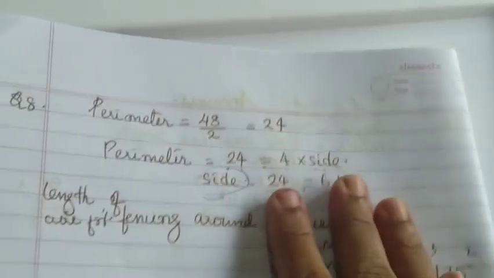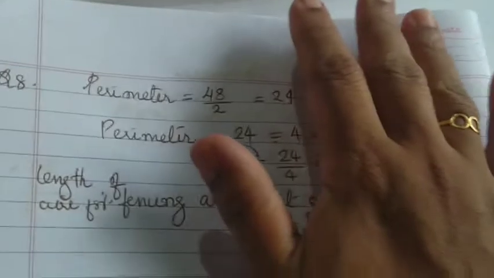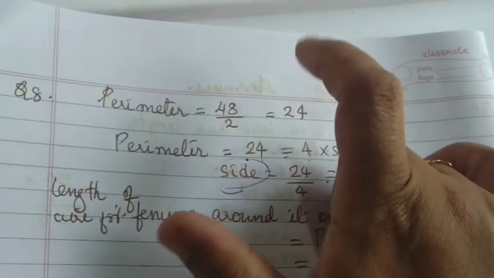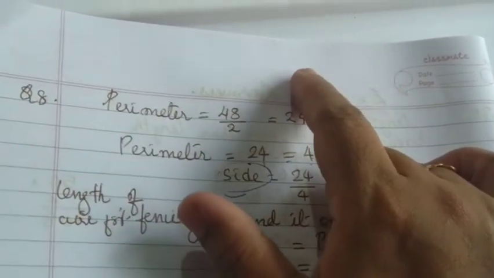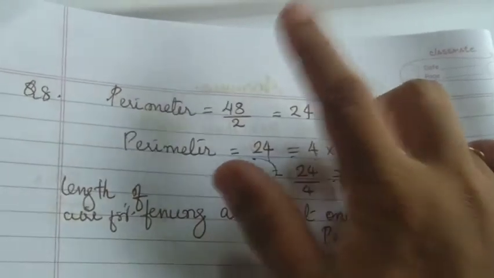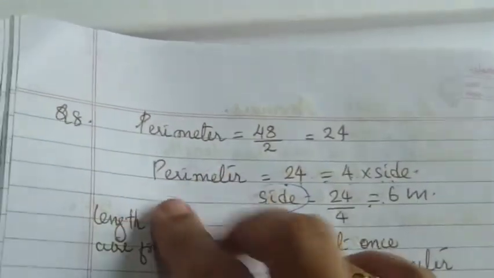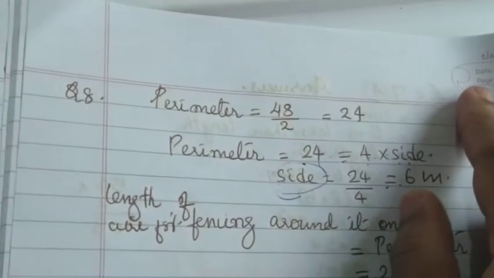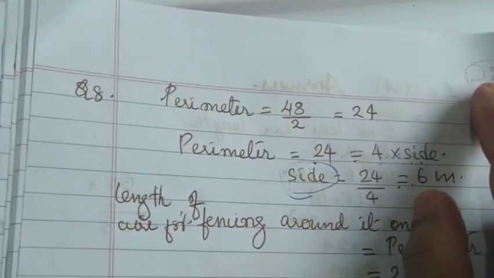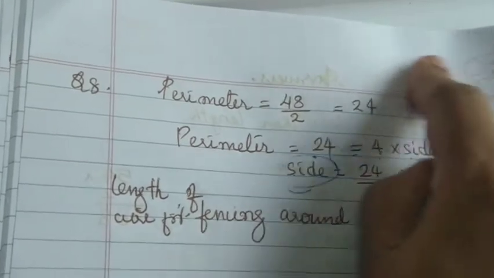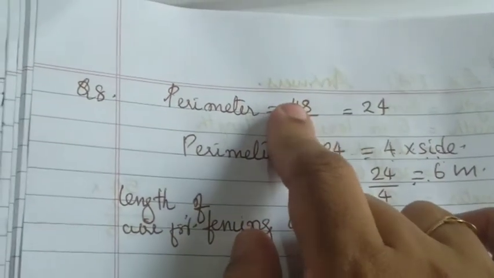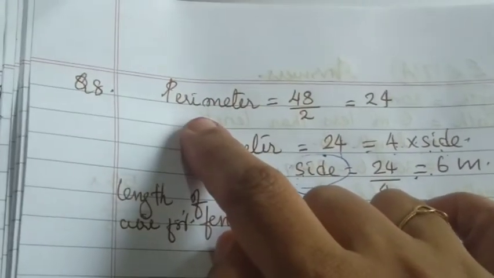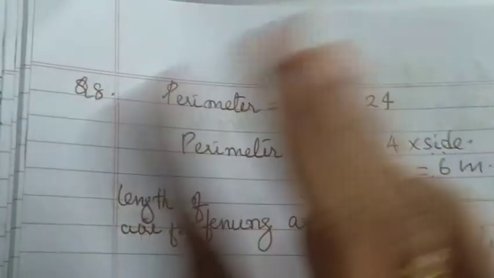That is the question. It is given that Akash covers a distance of 48 meters while going around a square field twice. That means he walked 2 times around the square field. So we have to find the perimeter.